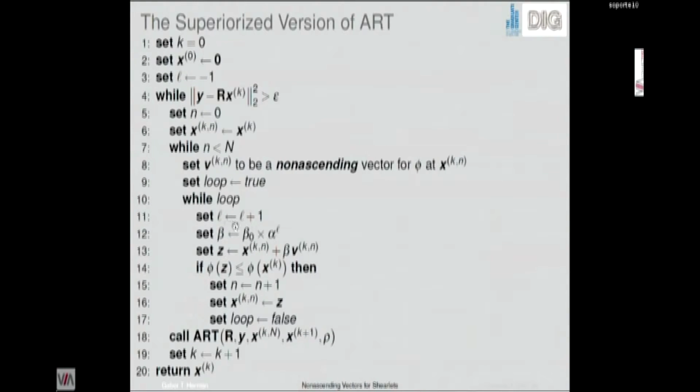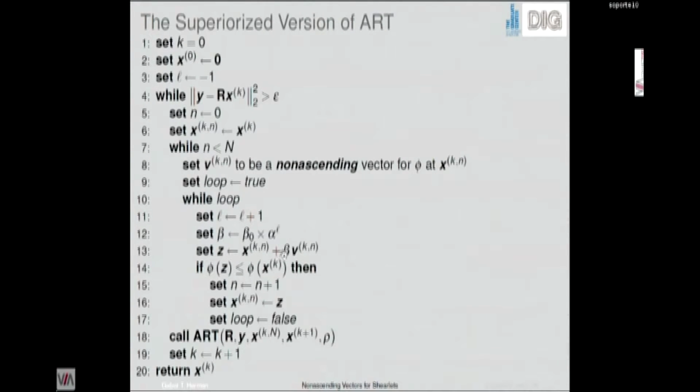So if I keep going round and round the inner loop, L keeps increasing all the time, and therefore alpha to the L gets arbitrarily near to 0. So eventually, this beta here will get arbitrarily small.